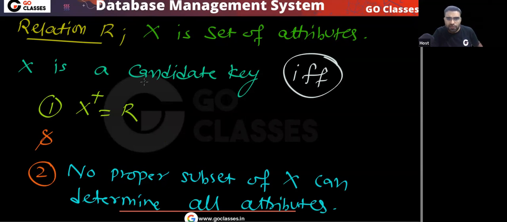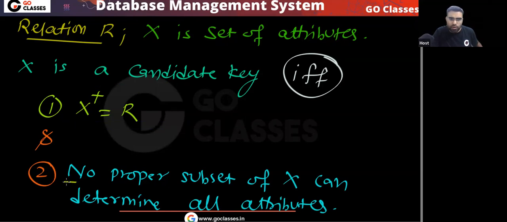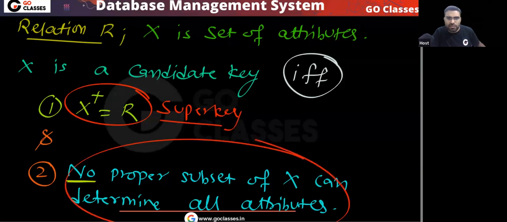Very simple, right? Yes or no? So you can see, when can I say x is a candidate key? X is a candidate key if and only if x can determine all the attributes, and no proper subset of x can determine all the attributes. So you can see this is your definition of super key. Here you are saying that x is a super key, and here you are saying that x is minimal.